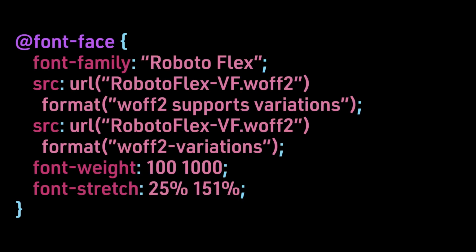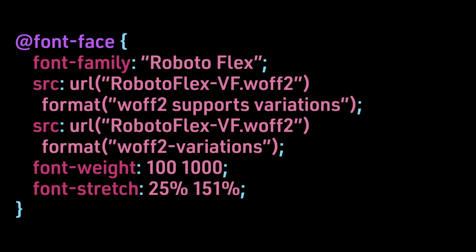If we were to use Roboto Flex, we might write out a statement like this. @font-face. font-family: Roboto Flex. src: url(Roboto-Flex-vf.woff2) format("woff2-supports-variations"), url(Roboto-Flex-vf.woff2) format("woff2-variations"). font-weight: 100 1000. font-stretch: 25% 151%.